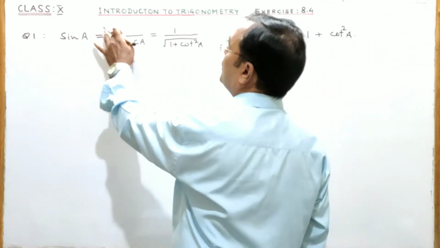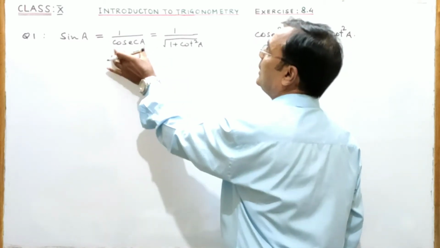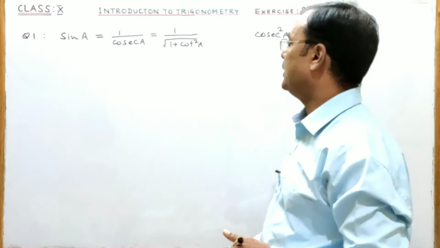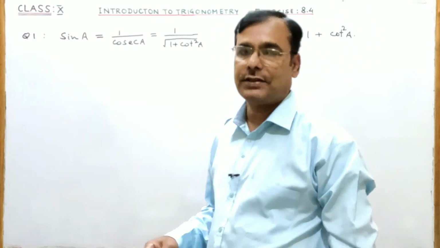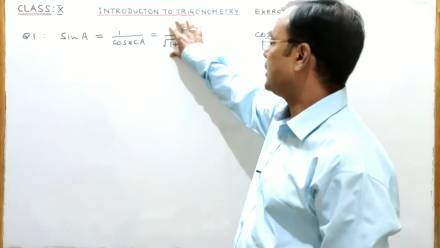Sin A is equal to 1 by cosec A, which is written as 1 by under root 1 plus cot square A, and this way sin A is expressed in terms of cot A.